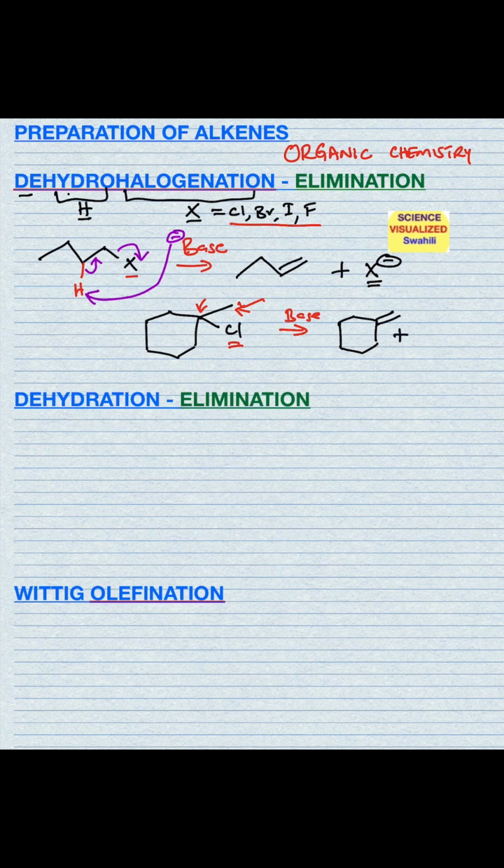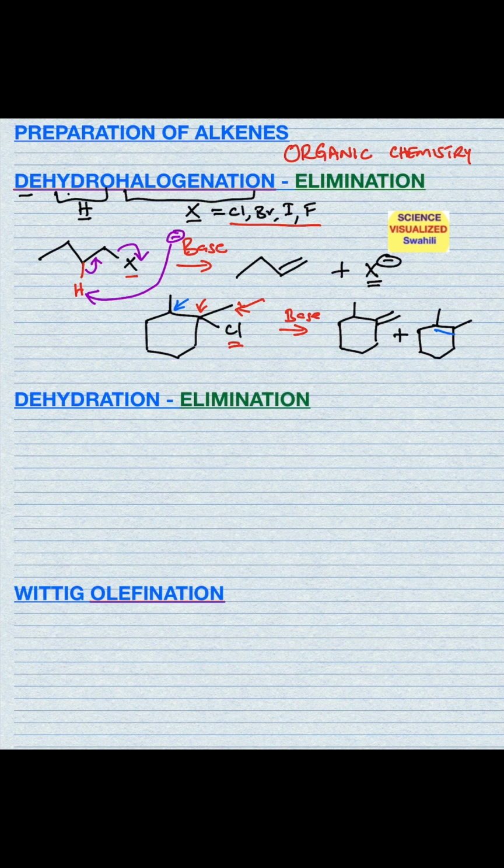Or you could end up with this other product. Just to differentiate, I'll add a carbon here. So now you could also end up removing a hydrogen from that carbon, and that will give you this product, where now you have a double bond between those two carbons.